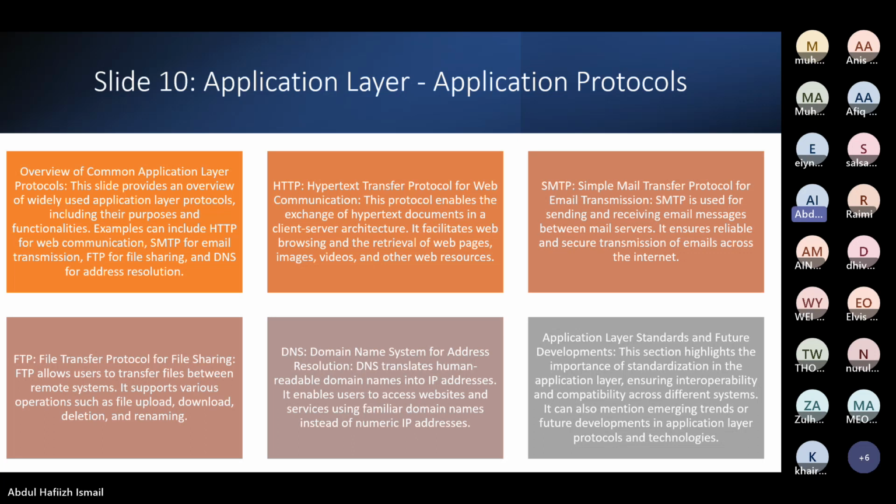When it comes to file sharing, the File Transfer Protocol, or FTP, plays a crucial role. FTP allows users to transfer files between remote systems. It supports various operations such as file upload, download, deletion, and renaming. FTP is commonly used for website maintenance, software distribution, and file backups.